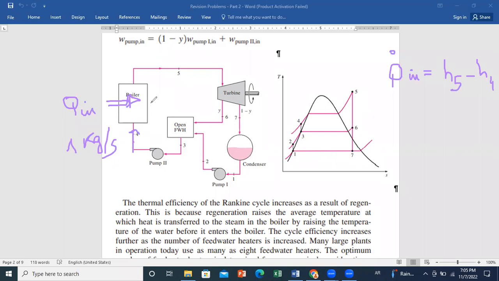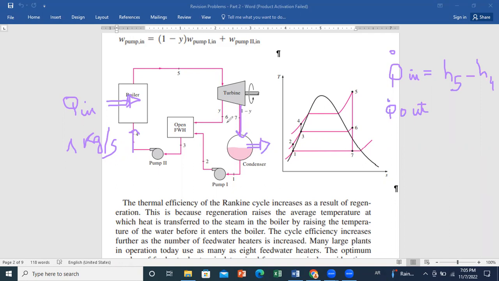Okay. Now, concerning Q out, it is at the condenser level. So we can calculate Q dot out. Here we should pay attention that only the fraction 1 minus y will go through this part.